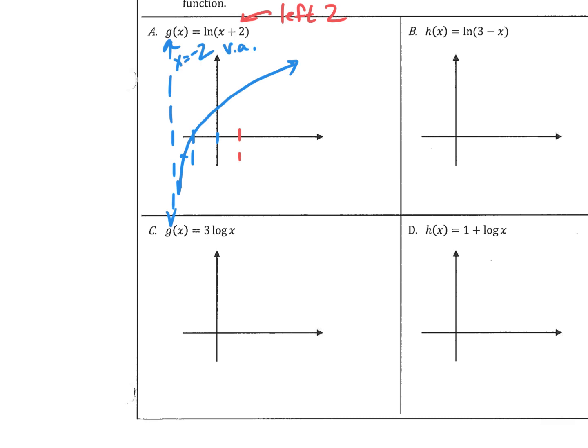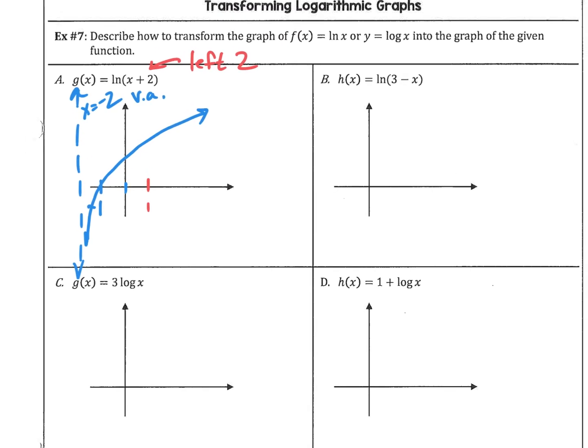Now, we got to rewrite this guy. This is natural log of -x plus 3, correct? Which is this. Natural log of -(x - 3). And yes, you have to pull the negative out. You got to get it in the right form. So what is this transformation of -3?